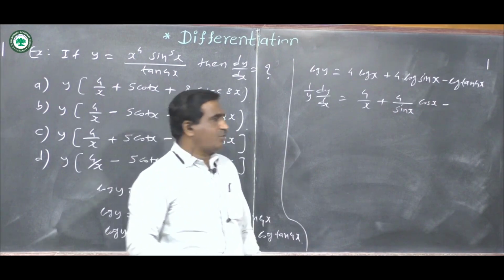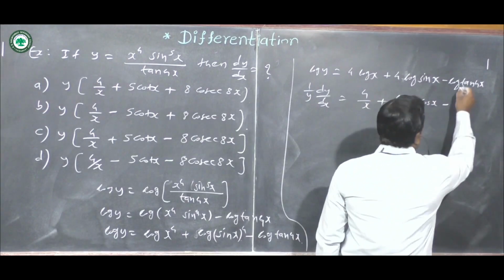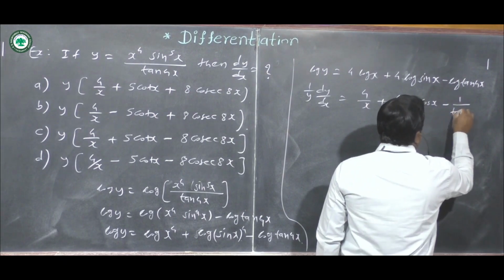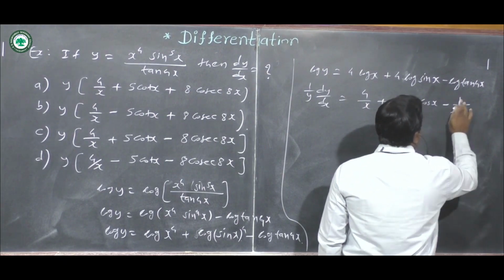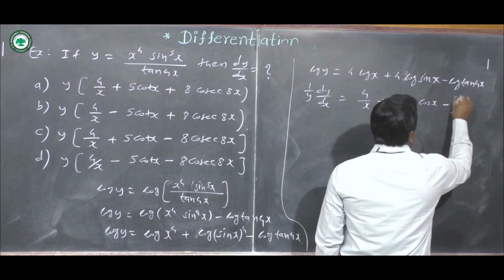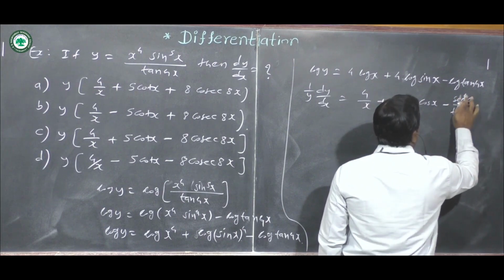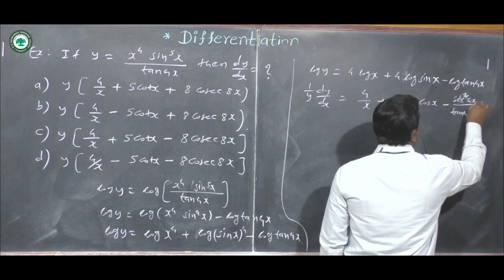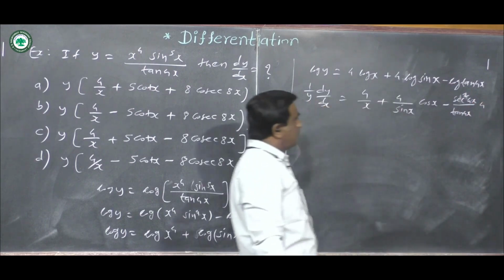Again by using the composite rule, the derivative of log of tan 4x is 1 upon tan 4x into derivative of tan 4x, which is sec square of 4x, into derivative of 4x, which is 4.